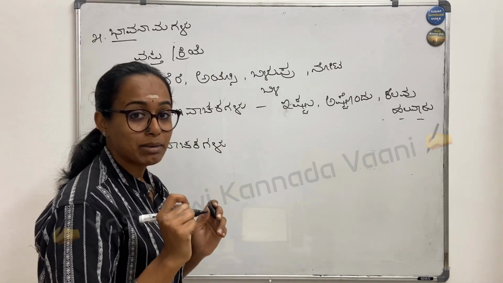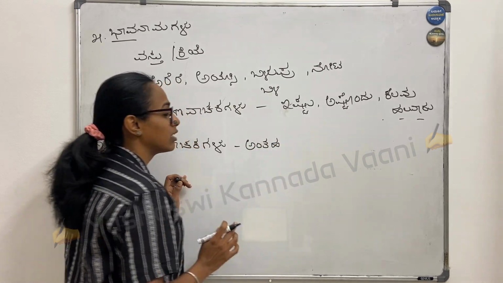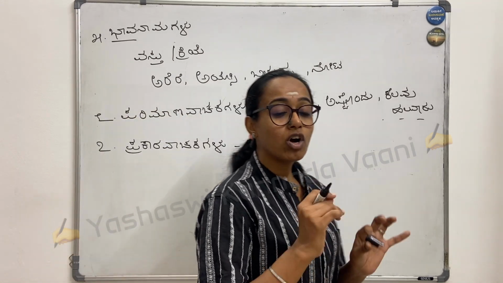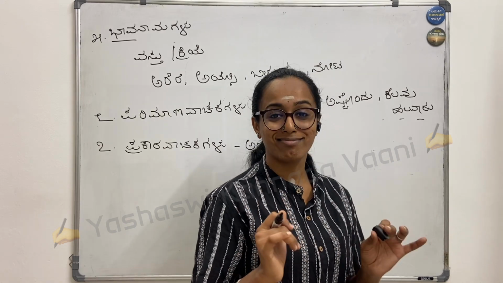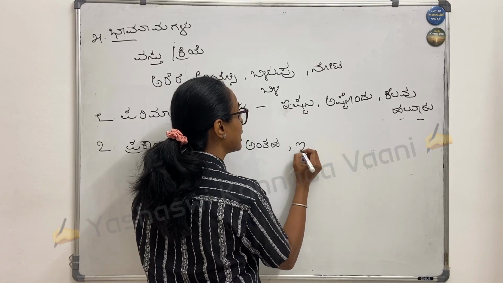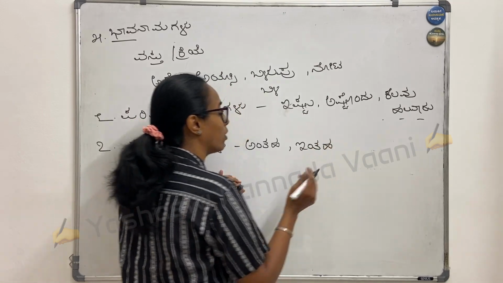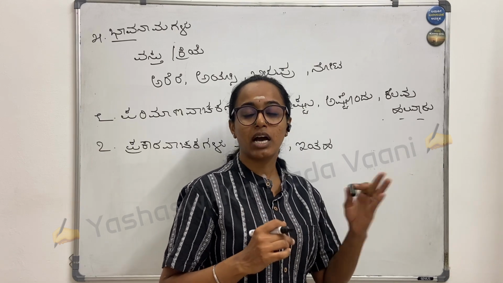I'll go with an example here. Antaha, like that. I have not seen that kind of a movie: nanu antaha movie nodilla. I have not seen this kind of a person: nanu intaha vyakti nodilla. So he was that kind of a person: avanu antavanu.